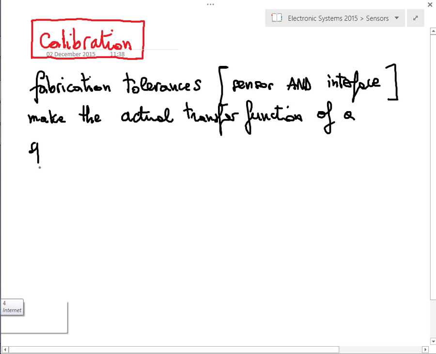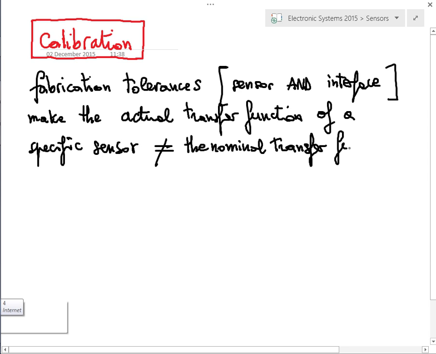of a specific sensor, of that individual sensor that we are considering, different from the nominal transfer function. This means that we need to, the exact word is calibrate.